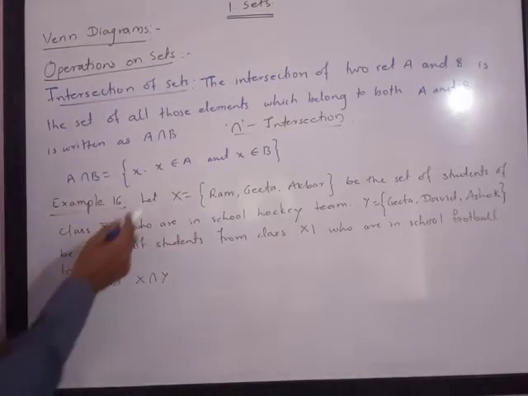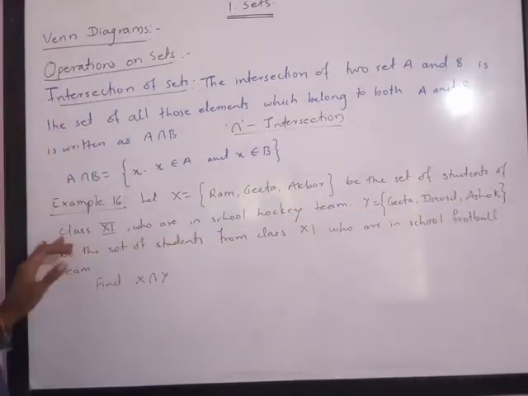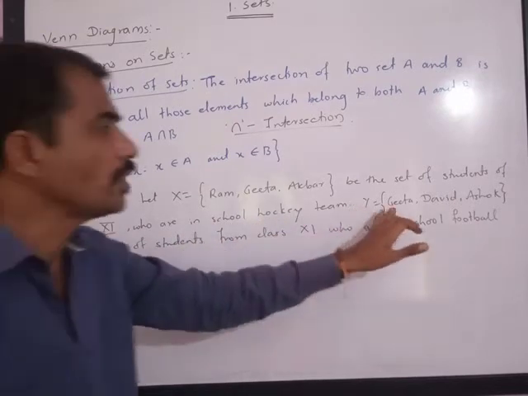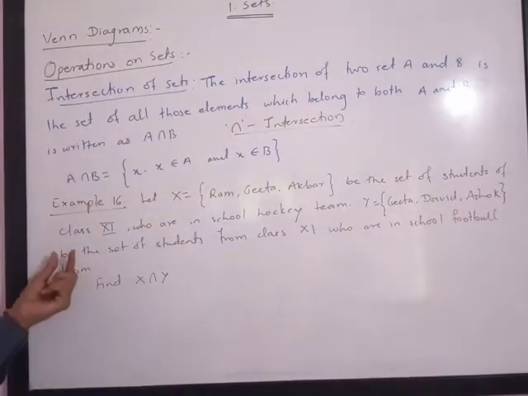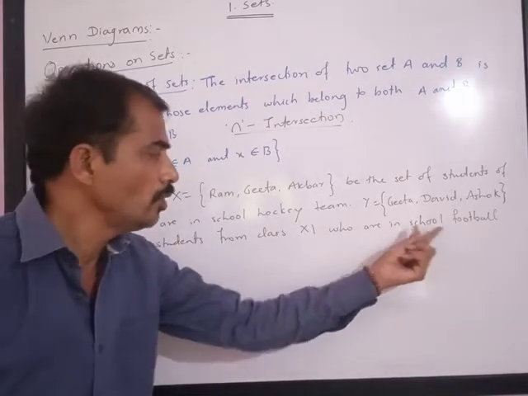In example 16, let X be the set of Ram, Geeta, Akbar, the students of class 11 who are in the school hockey team, and Y the set of Geeta, David and Ashok, the students from class 11 who are in the school football team.